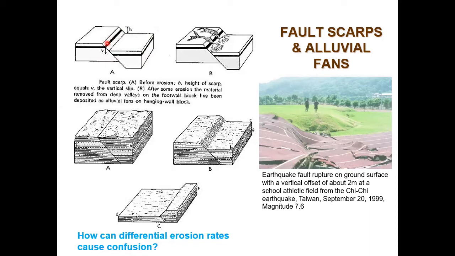So fault scarps are really good if you find them in the field, because they can contain fault slickenlines and a lot of other kinematic indicators. And you can use measurements from the fault scarp. Basically here at the fault scarp, first of all, you can measure strike and dip of this fault plane, because now the plane itself is exposed.